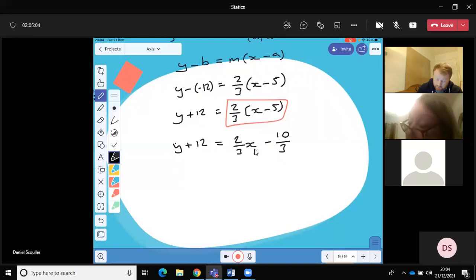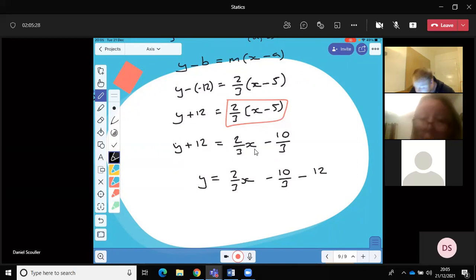The next thing we want to do is leave y on the left hand side, so we want to move this 12 across. We're going to get -12. But we want to tidy that up even further. We want to collect like terms, so we want to bring both of these together.